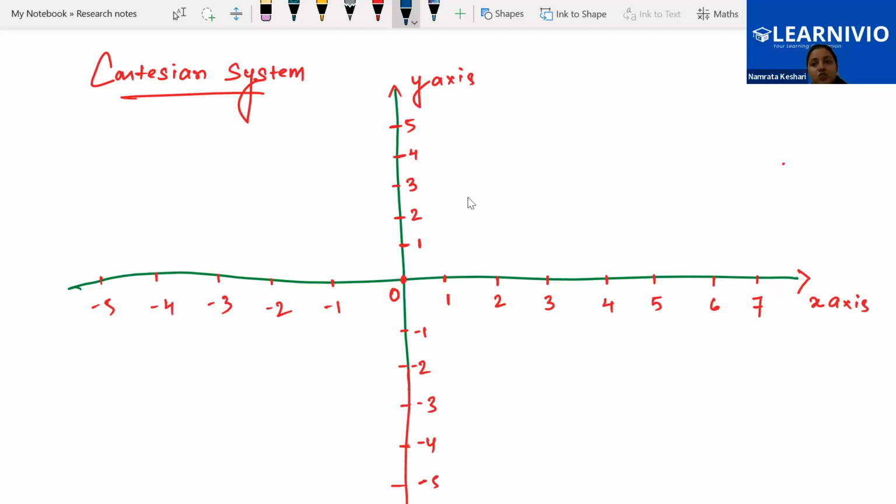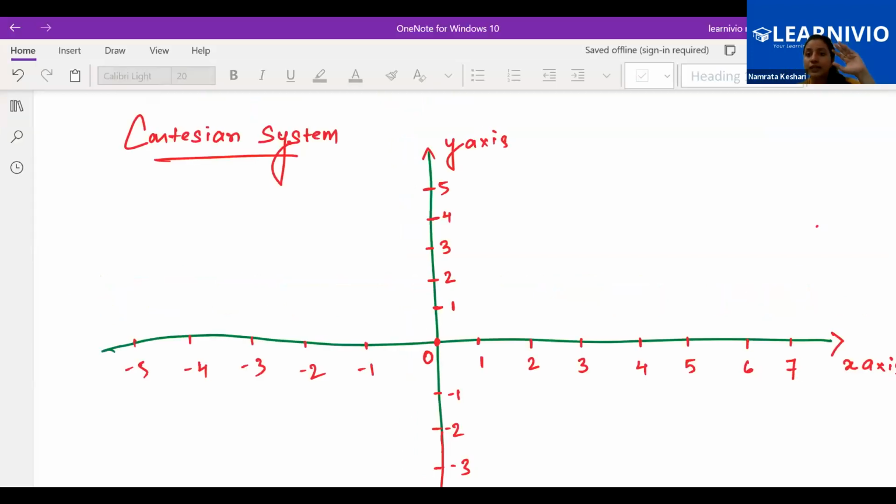So all the students who have joined, we are going to clear it in our first class today. If it is not clear, no worry, we will continue with how to locate the point until it is clear to everyone.